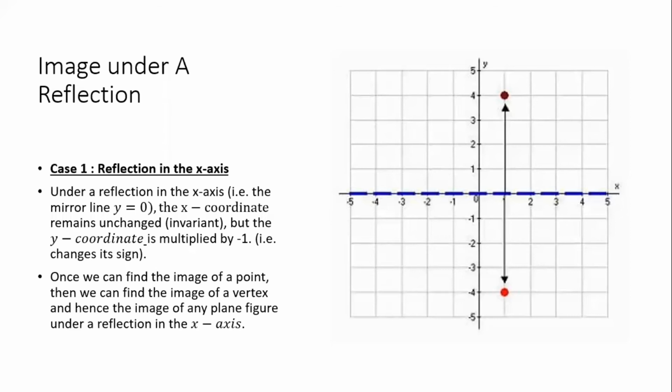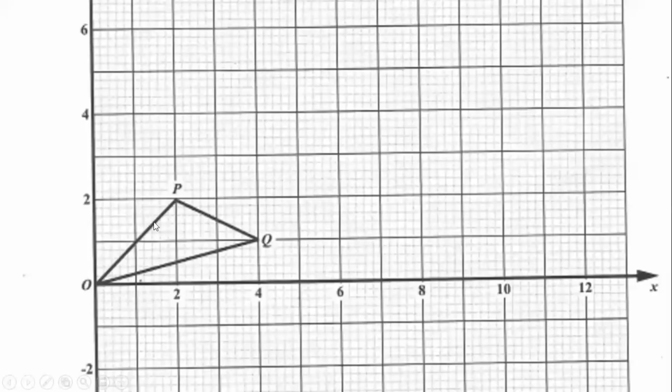And what we know is that under reflection in the x-axis, the mirror line is y equals 0. So the x-coordinate remains unchanged, but the y-coordinate is multiplied by -1. So now going back to our question, reflecting this in the line y equals 0, in the x-axis, each x value remains unchanged and each y value is multiplied by -1.